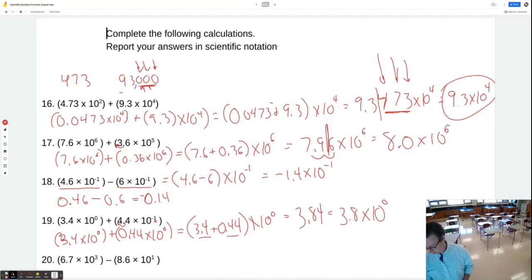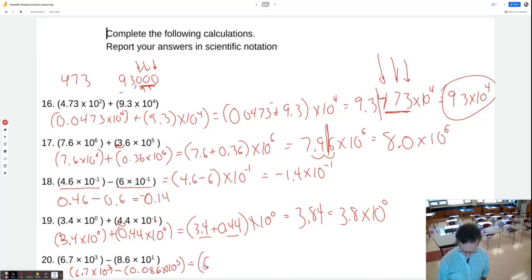10 to the first has to become a bigger exponent. So it's going to be 6.7 times 10 to the third minus, because this is a difference of 2, I've got to move the decimal point over 2 places. So I end up with 0.086 times 10 to the third. And again, that's the same number as 8.6 times 10 to the first.